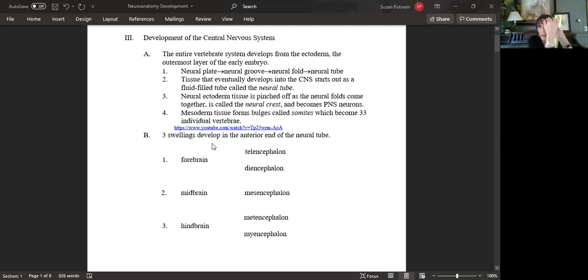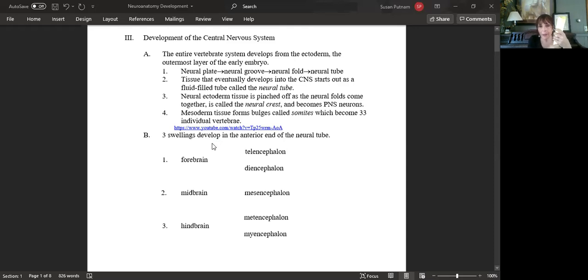We have the foremost section up here, which is the forebrain. There's another term for it called prosencephalon. Encephalon, you can see, is used a lot. Pro meaning before, first. But for the purpose of how I will test you, I will say forebrain.